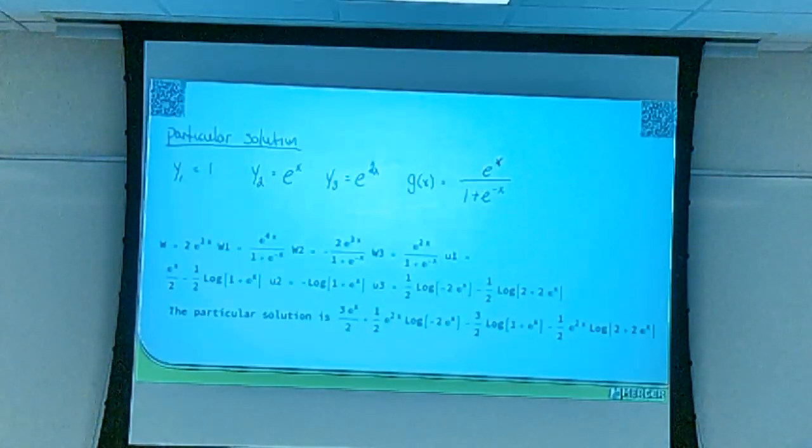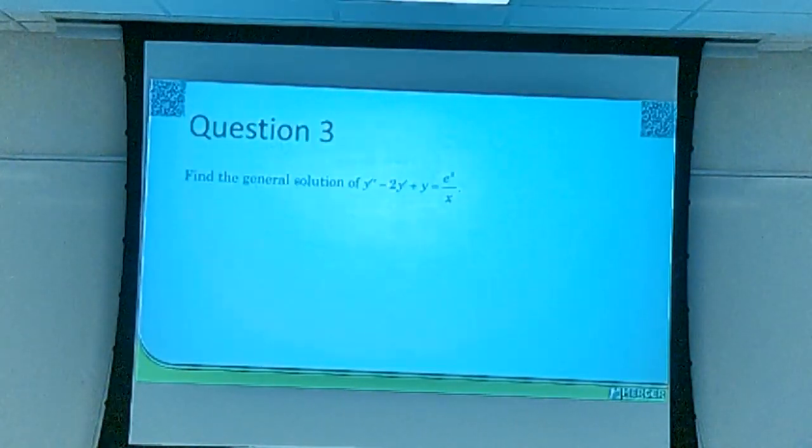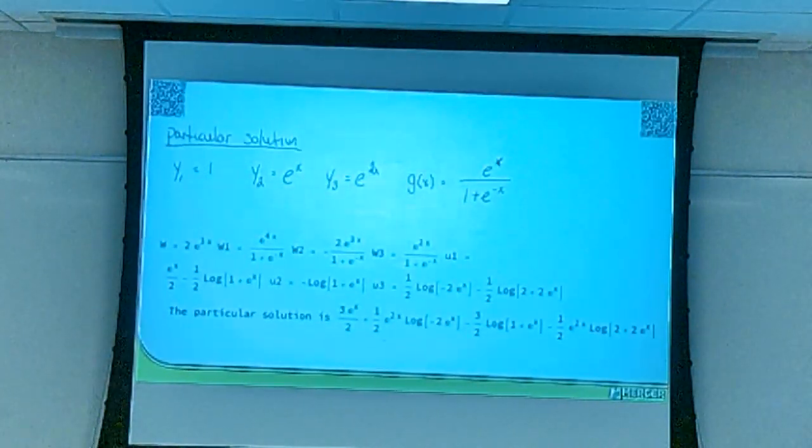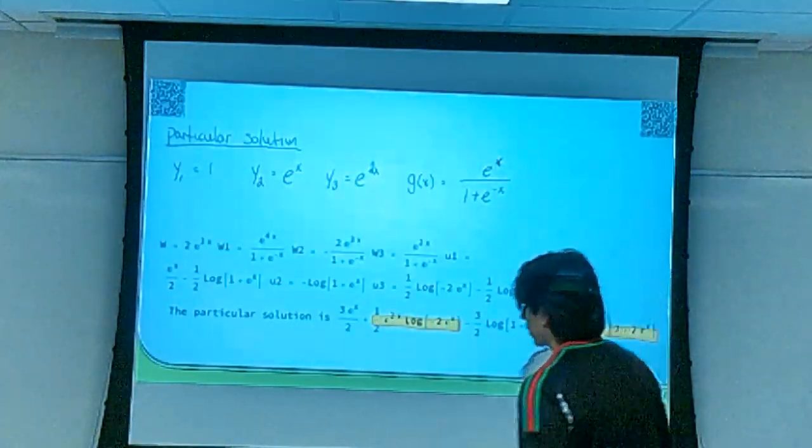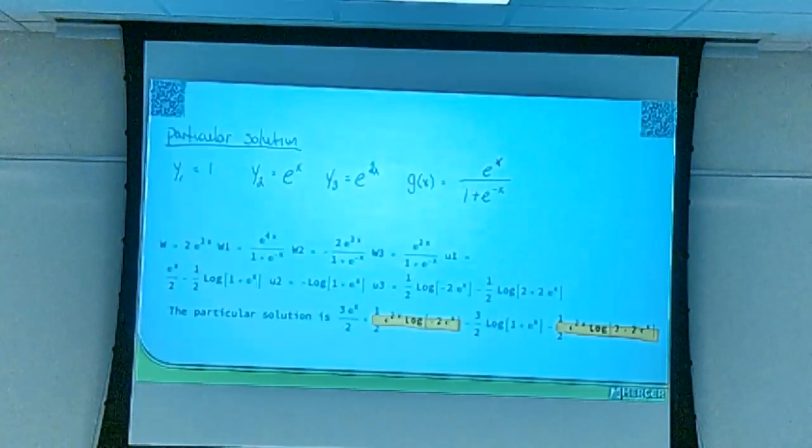What kind of particular solution? Let's combine those using laws of logarithms.